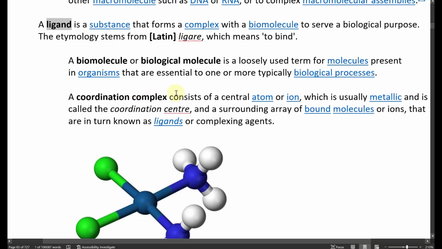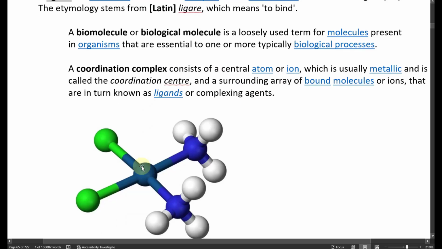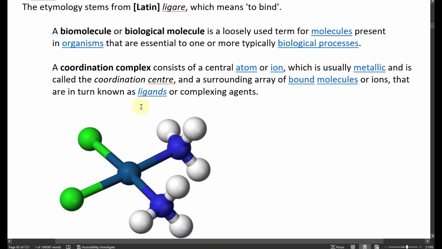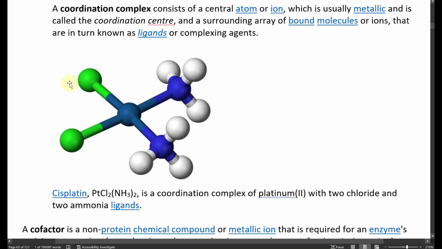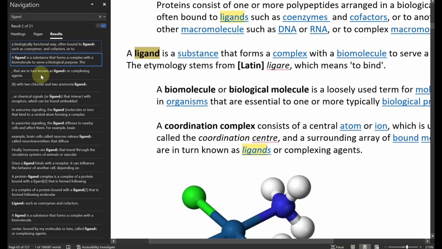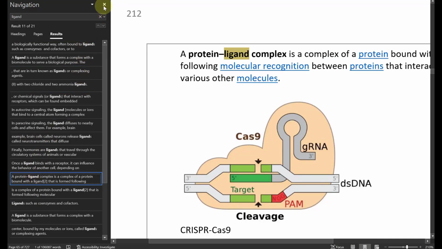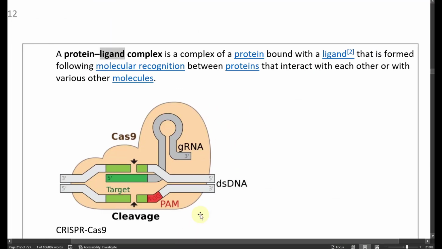The complex consists of a central atom or ion, called the coordination center, and the surrounding array of bound molecules or ions, which are in turn known as ligands. So you have complexing agents, or ligands, connected to a central atom or ion. Let's continue back over here. So a protein-ligand complex is a protein bound with a ligand, which is centered around an atom or ion.